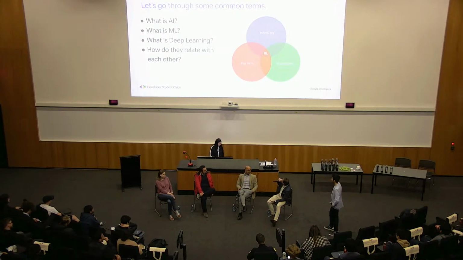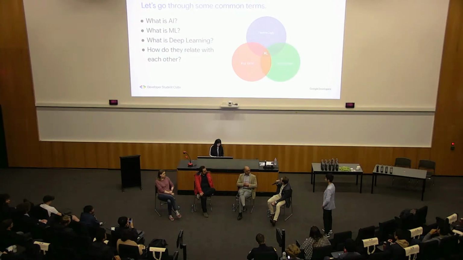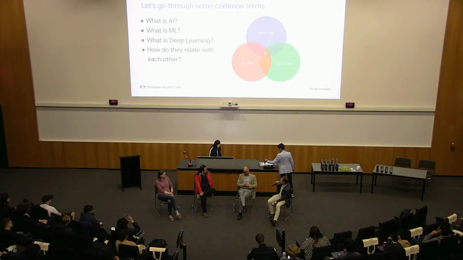I feel like big data and algorithms, yeah, machine learning's in the middle, but both big data and algorithms are technology, really. So I just think technology includes both of those things. But I think maybe I'll pass it over to someone else to talk about what machine learning is, and then we can maybe put that in a bit better context.